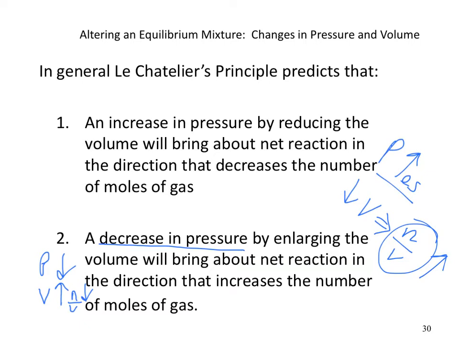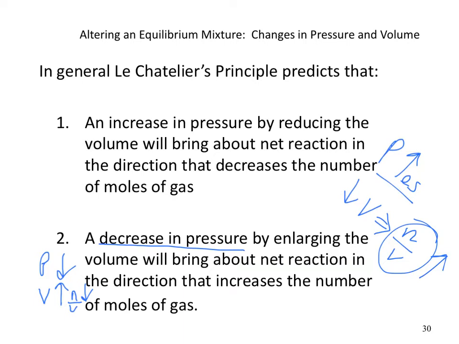So if you increase the pressure, essentially it's going to move in a direction where there are fewer moles of gas. On the other hand, since decreasing the pressure means the number of molecules per unit volume is going to decrease, the equilibrium is going to shift in a direction that's reflective of an increase in the number of moles of gas.